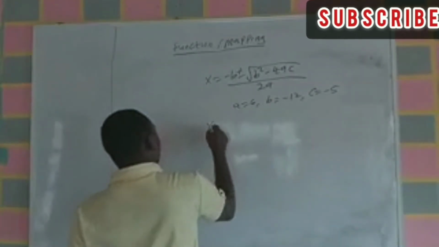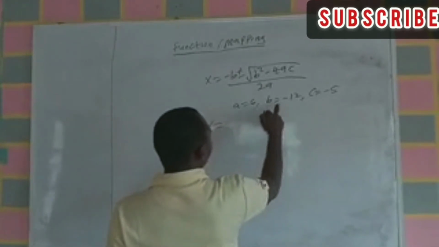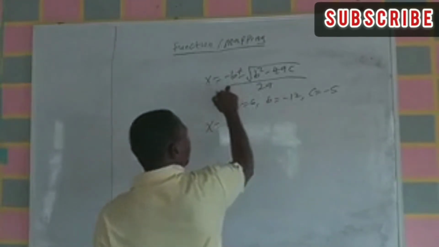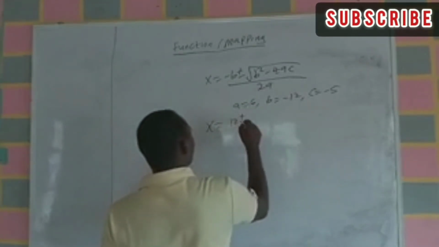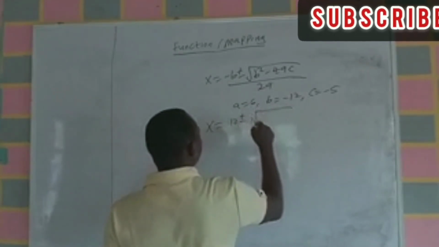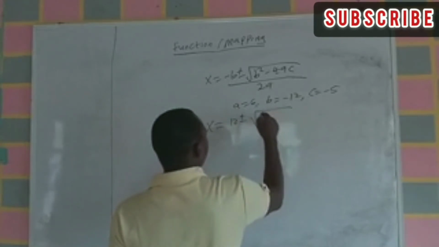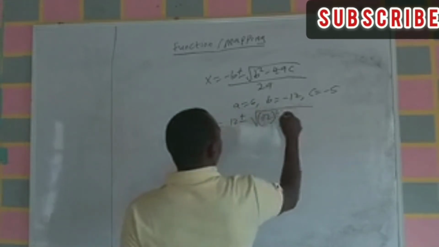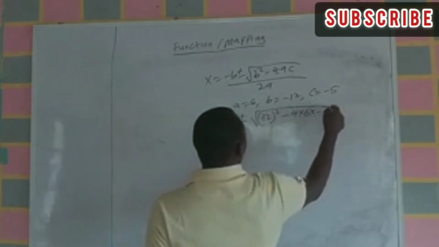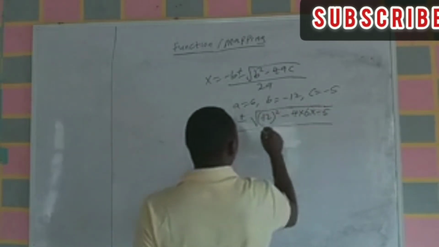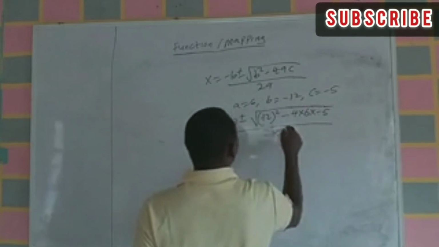That means s equals, b is minus 12, so with the minus in front it becomes plus 12, plus or minus the square root of minus 12 squared minus 4 times 6 times minus 5, over 2 times 6.